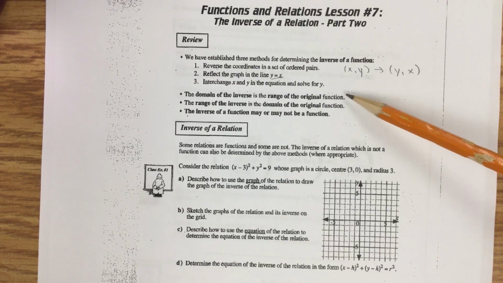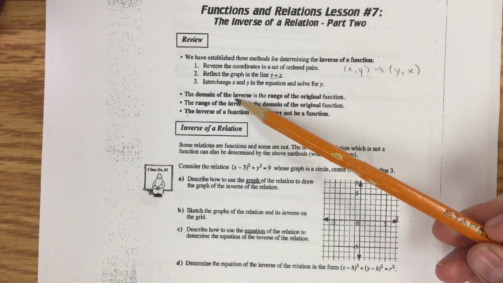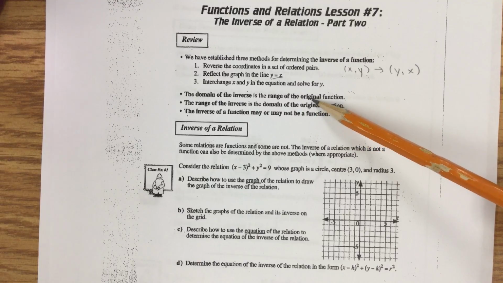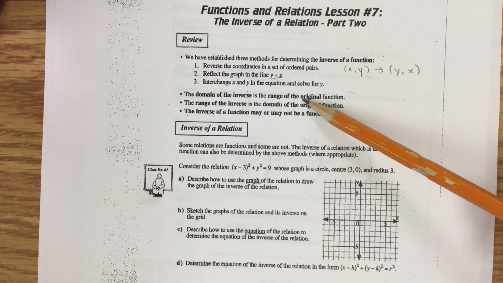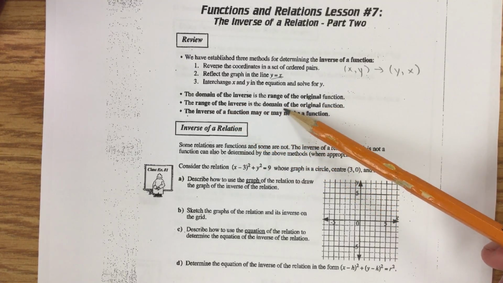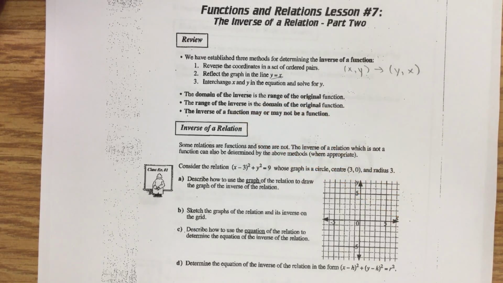The domain of our inverse happens to be the range of our original function, and the range of the inverse becomes the domain of the original function. So the domain and range are switched.